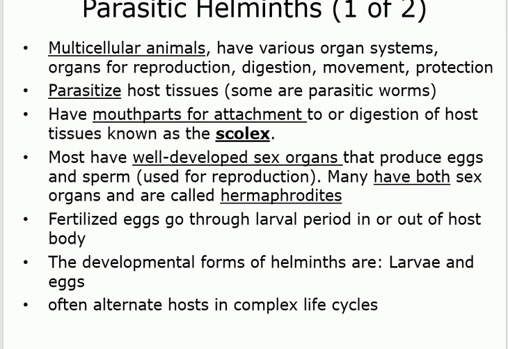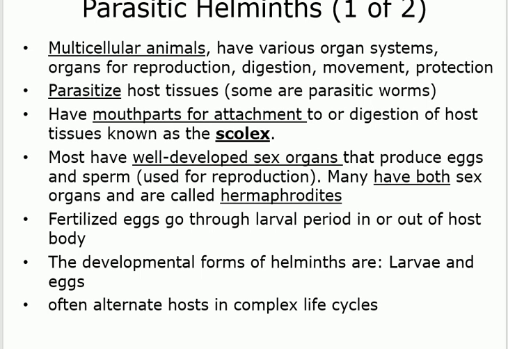So it's multicellular. And they have organ systems. They have reproductive system, digestive system, skeletal system, and so on. Some of these are parasitic, which is what we're talking about. The parasitic ones are the ones that have a host. They live in a host tissue.